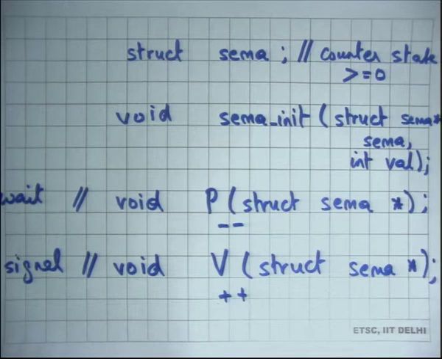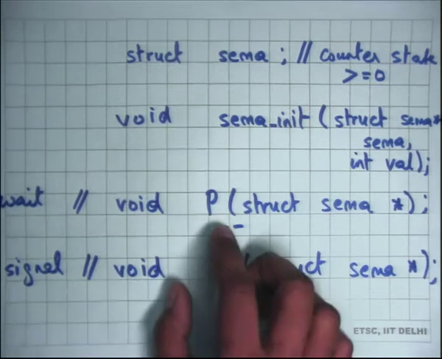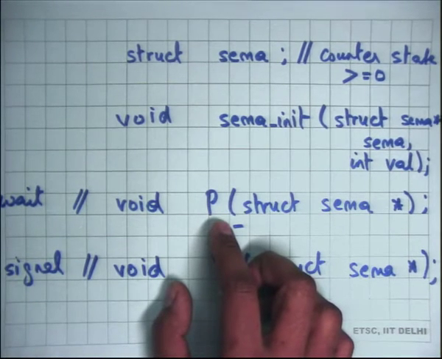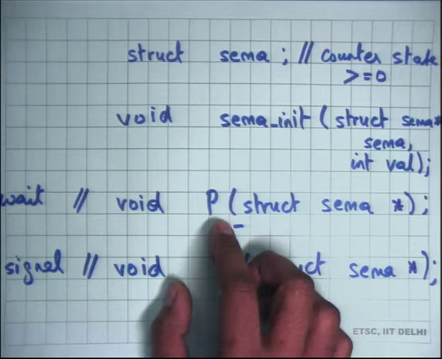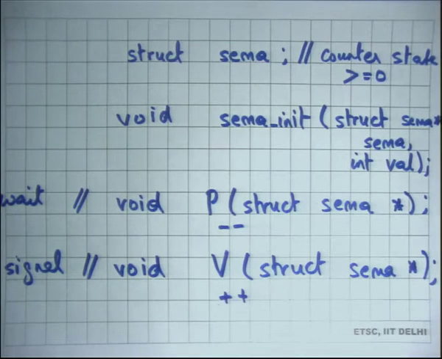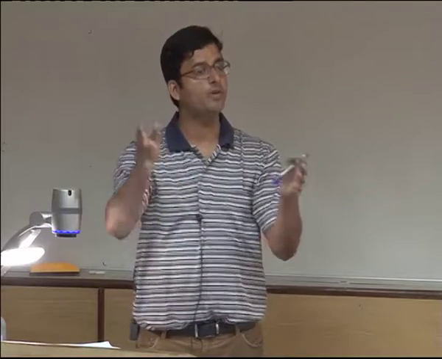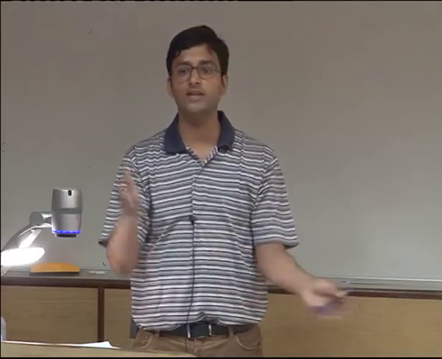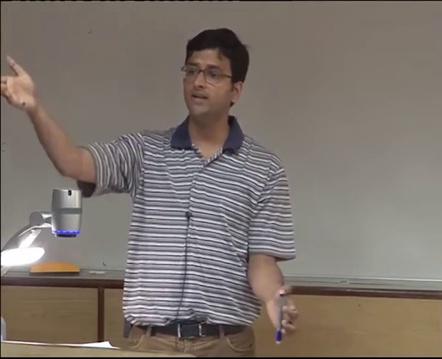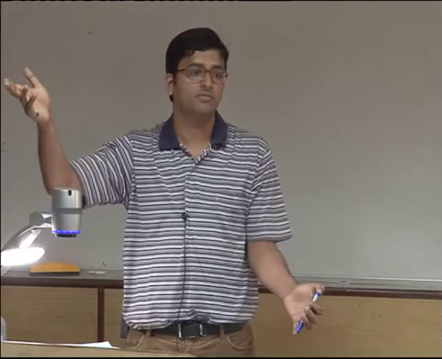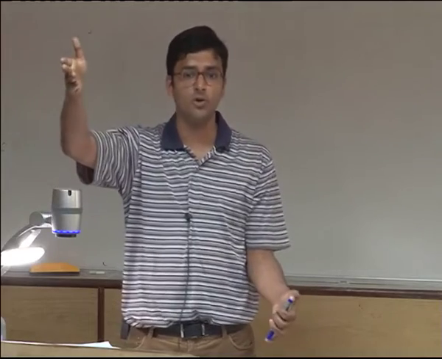After all, P is just saying let's wait on something, and V is just saying let's signal something, except that the difference between a semaphore and a condition variable is that a semaphore also has state. A condition variable didn't have any state. If you call notify, if somebody is waiting right now, he will wake up. If nobody is waiting right now, nothing will happen. If somebody goes to wait later, it's his problem. Somebody else should call notify for him.